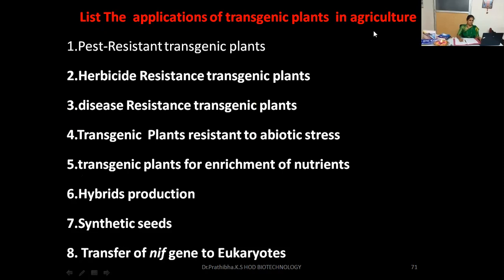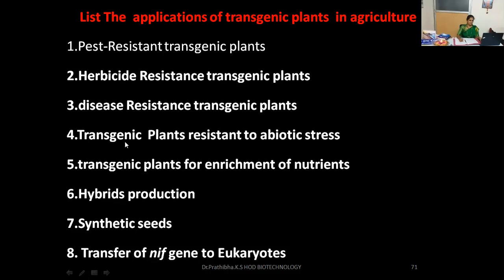In detail, I'm not going into it here. I've just mentioned the list. When in the exam they ask this for 10 marks, you need to elaborate on each and every application. The first one is pest resistant transgenic plants, herbicide resistant transgenic plants, disease resistant transgenic plants.